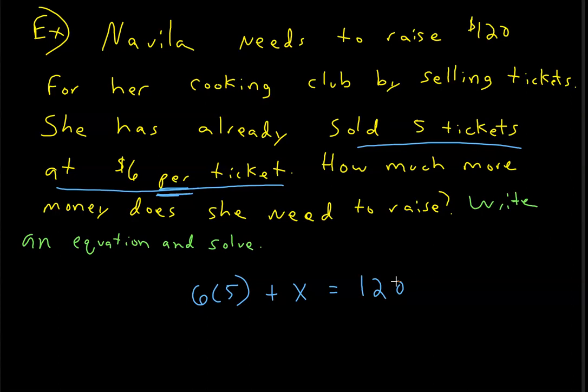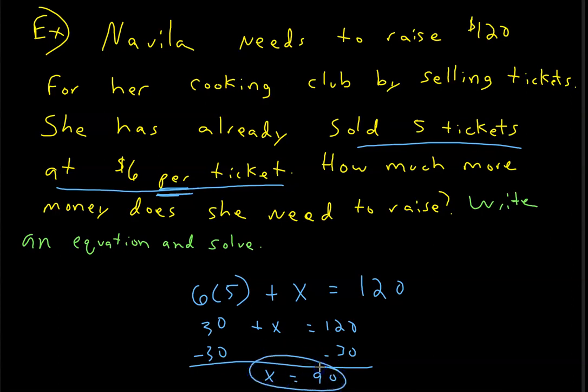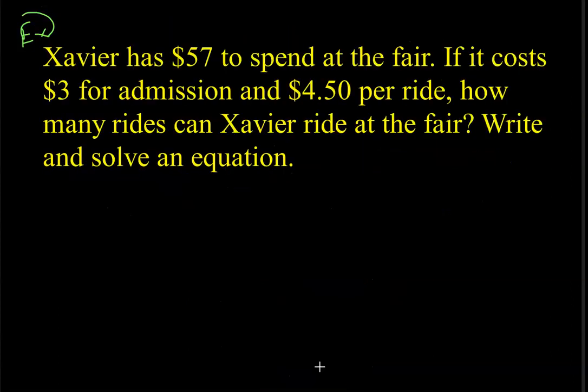And that's a pretty easy equation to solve. 5 times 6 is 30 plus x equals 120. And then I can subtract 30 from both sides. So x will equal 90. So that means she has $90 more to raise for a cooking club. All right, let's try another one.